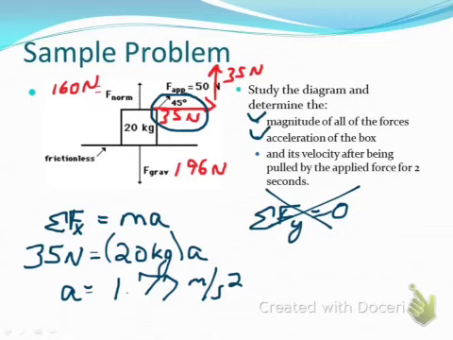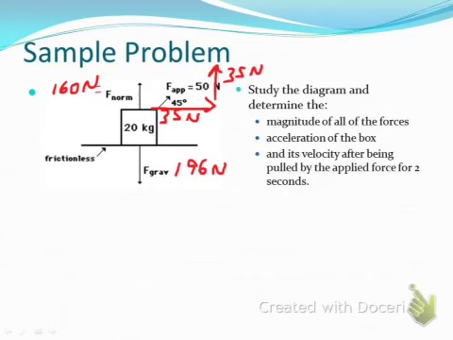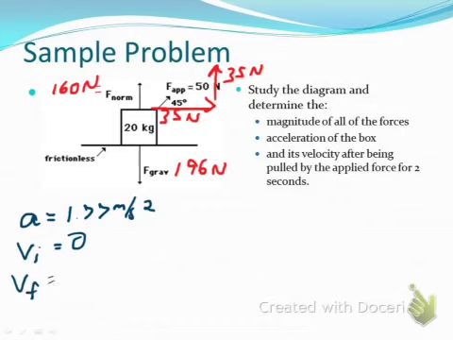Now let's look at the velocity, or how fast it's going after it's been moving for 2 seconds. Okay, let's set up our GUESS method. We know acceleration, we just found that. We know our initial velocity is 0. The goal is to find the final velocity, and we're also given time of 2 seconds.